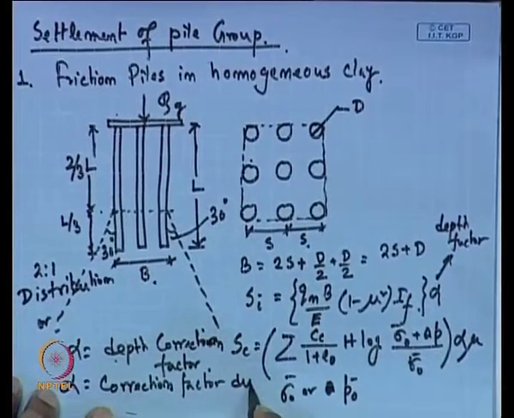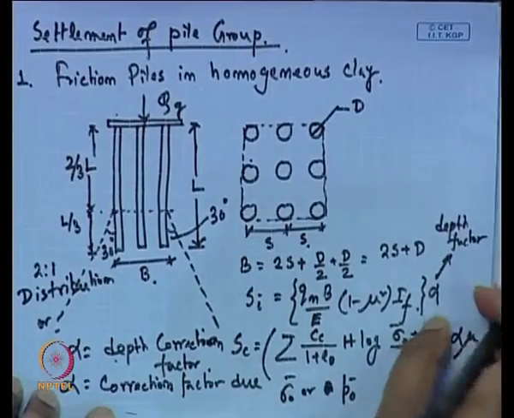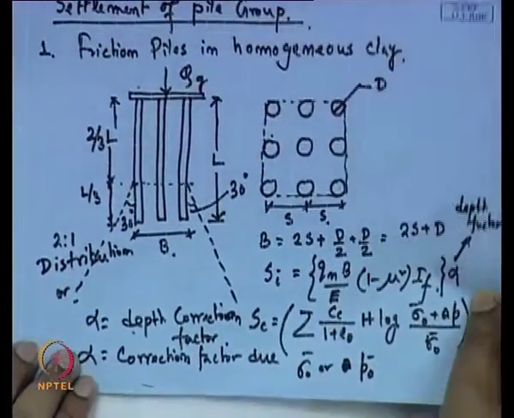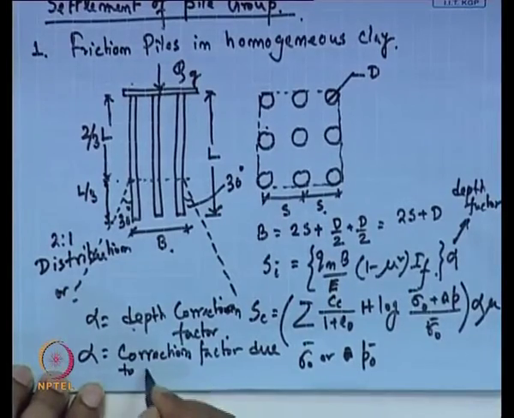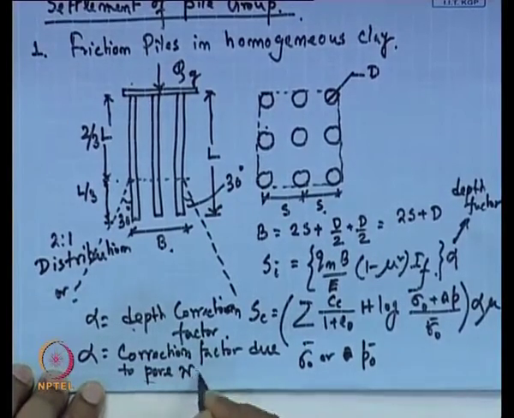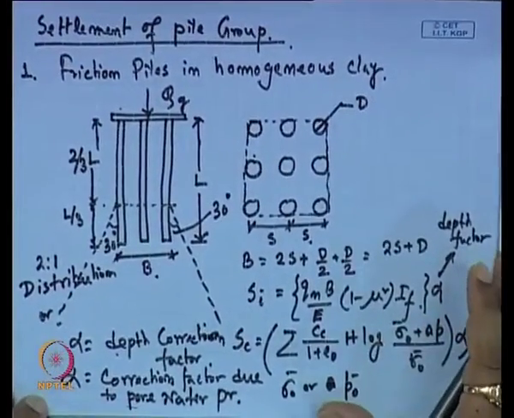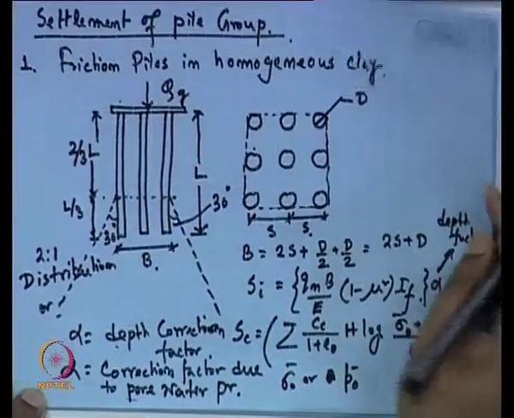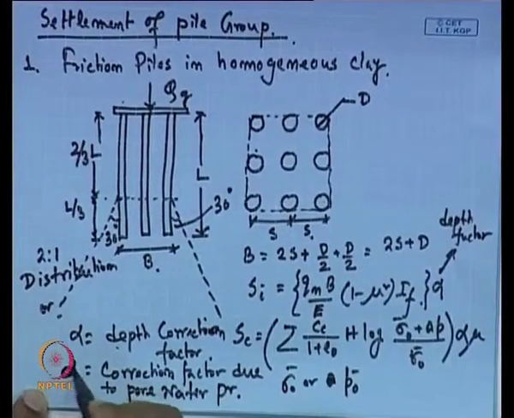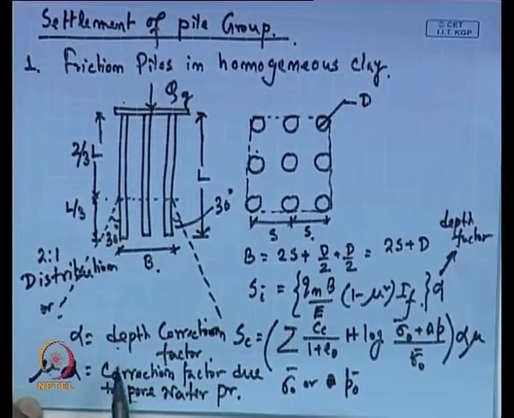So, these two corrections you have to apply. Now, how to calculate this depth correction factor and the mu correction factor due to overburden or due to pore water pressure, these things I have already explained during the settlement calculation of the raft foundation.